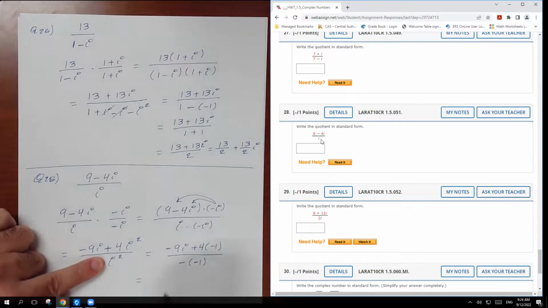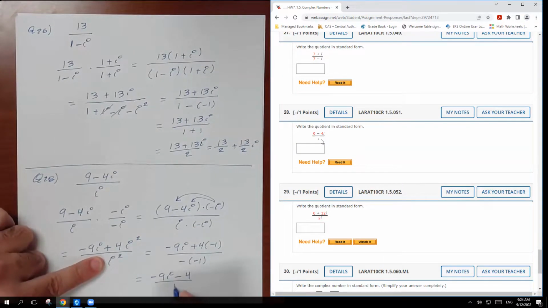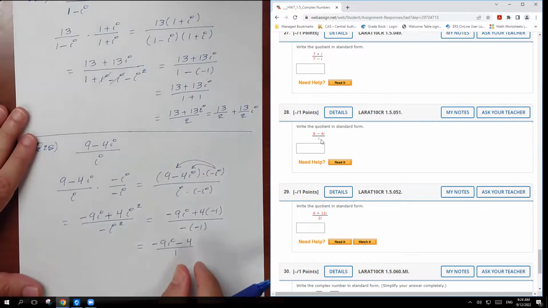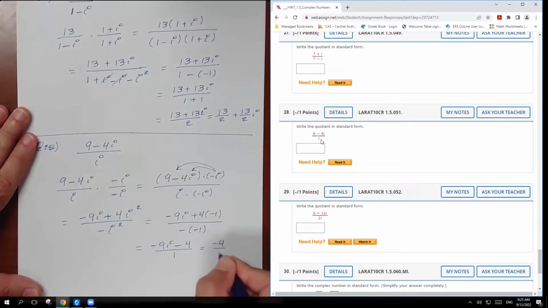That means in this case, it's going to be negative 9i minus 4 divided by 1, because negative times negative is going to be positive. We're just going to write this down as a plus bi, which is like negative 4 over 1 minus 9i over 1. It's 1, it's not going to change anything.